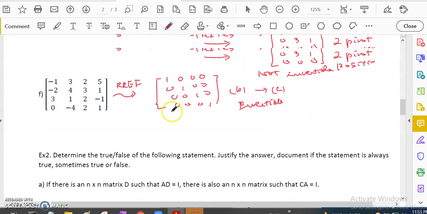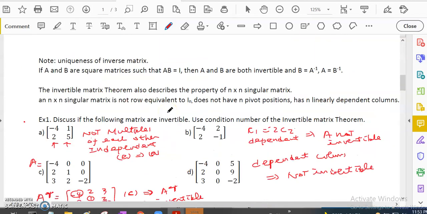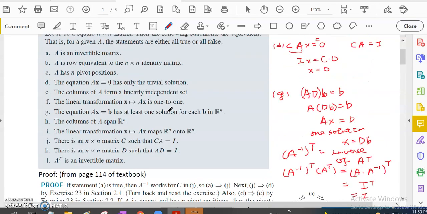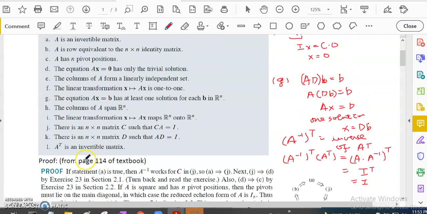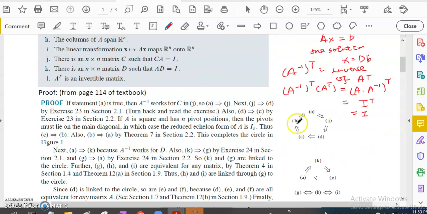One of the important things is the fact that if A is an invertible matrix, A transpose is an invertible matrix. And actually, as a side effect, when we prove it, you can see what the inverse of A transpose is.